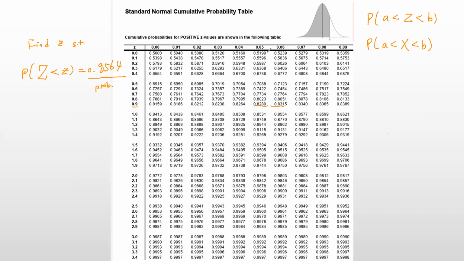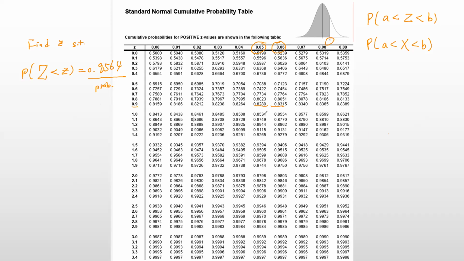That's wrong, okay? These are the z-values, not the probabilities. Z-values are on the x-axis. They could be really large, could be negatively large, could be close to 0, but the probabilities are always from 0 to 1. So this is actually probability, 0.9564.